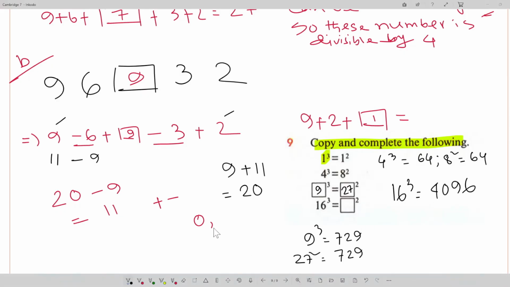So we have to find the number which after squaring will become 4096, which is 64 square. So here is 64. Okay, so for 9 cube, once you find 9 cube is 729, you make 729 a square, so it will become 27. Okay, so 27 square equals 729.